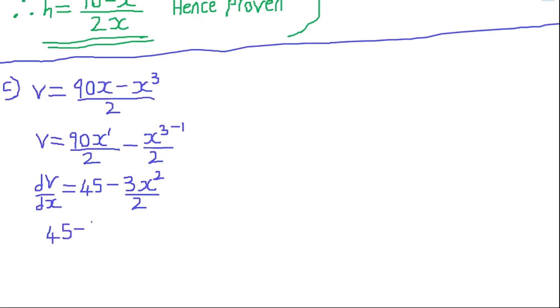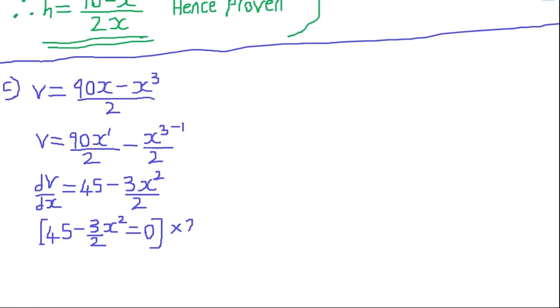After you differentiate, our main interest is to find the value of x. So upon differentiating, we have to equate that to 0, and then we're going to make it simple by multiplying each term by 2.